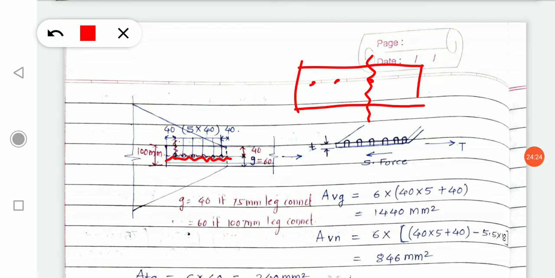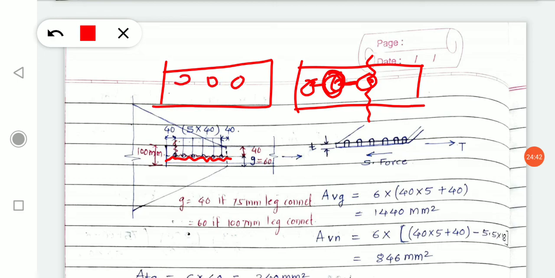And when you reduce the area, the stresses will concentrate near those holes. Once these stresses are so high, the gap between those holes will get ruptured. Those very small areas between those holes will get ruptured.